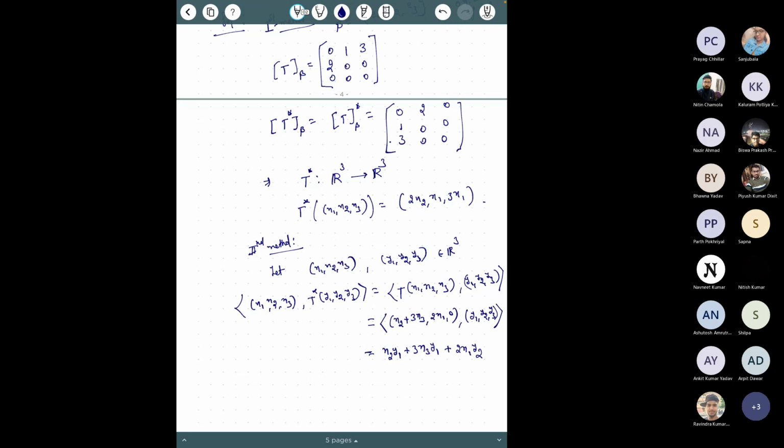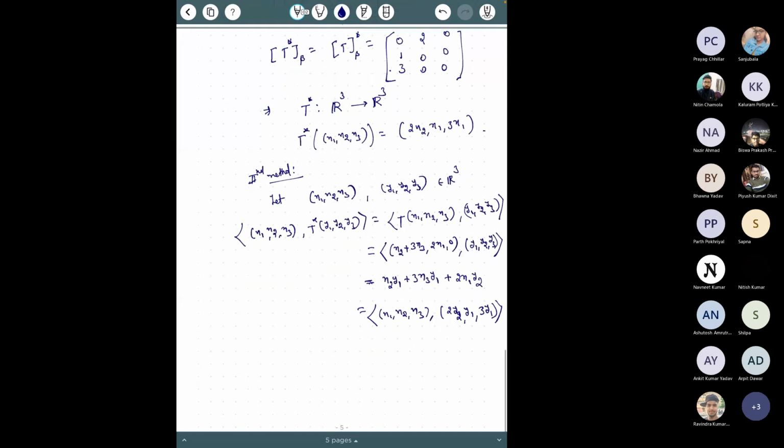But the same quantity I can write as this inner product also: x1, x2, x3 with 2y2, y1, 3y1. Whatever I have written is true for all vectors x and y in R3.